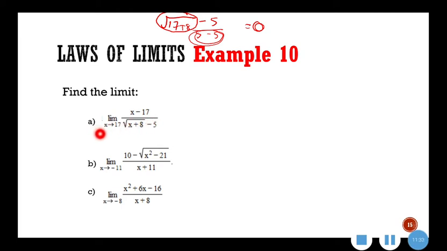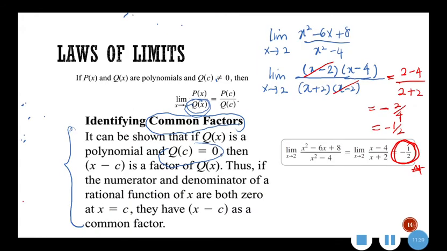So what you have to do here, there is a technique. The technique that we have discussed earlier in the previous example is where we factor, right? We get rid of the common factor between the numerator and the denominator, which makes the denominator become 0.